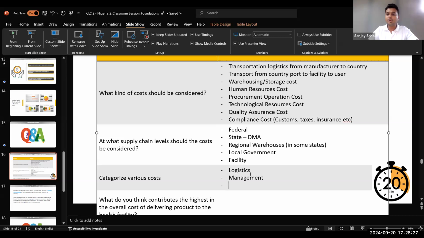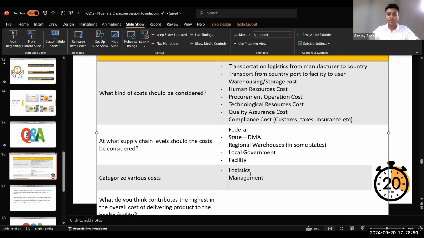Ideally, the technological cost can be over there, or you can call it management and administrative, so that human resources comes into there, technology comes into there. You can also add compliance and quality assurance in there as well. But depending on how you categorize, it can be another category as well.